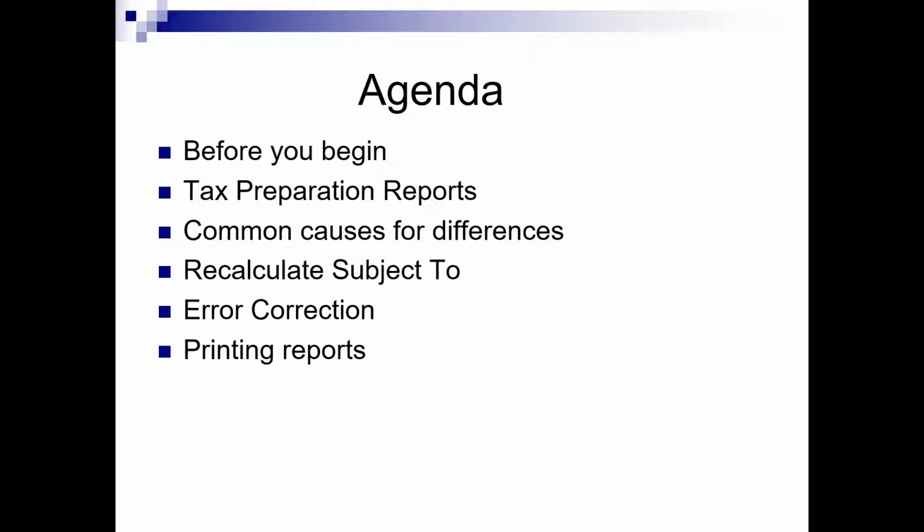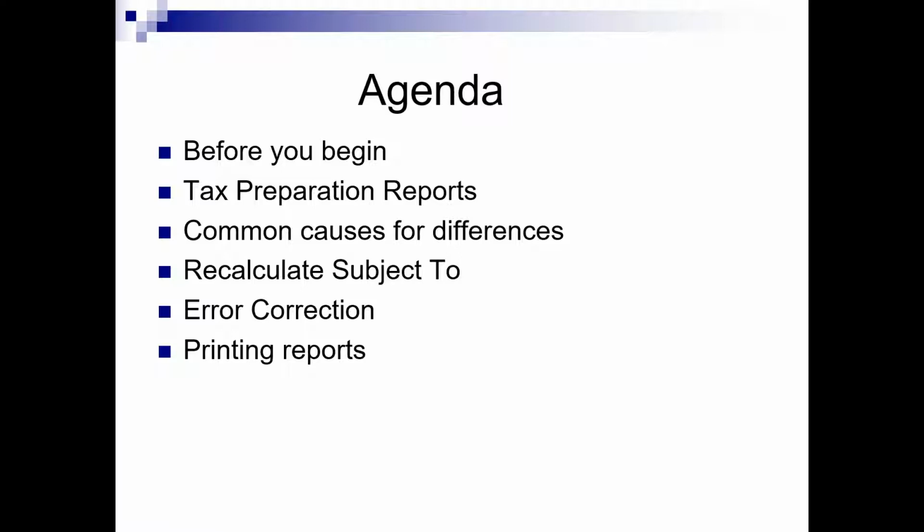Our agenda for today, we're going to talk about some things that you need to be aware of before you start the quarter end. We're going to take a look at some tax preparation reports. We're going to take a look at what could cause the reports not to have the amounts that you're expecting to show up for each employee.